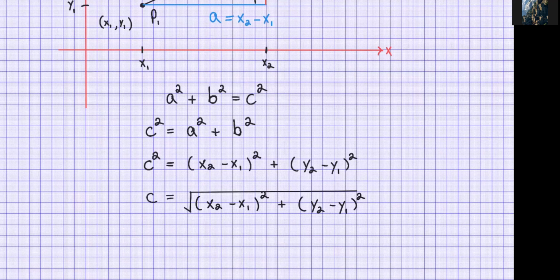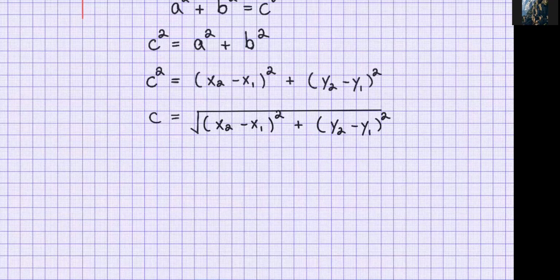So let's do now an example with numbers, so you see how it works. Let's imagine that they give us 2 points and we have to calculate the distance between them.